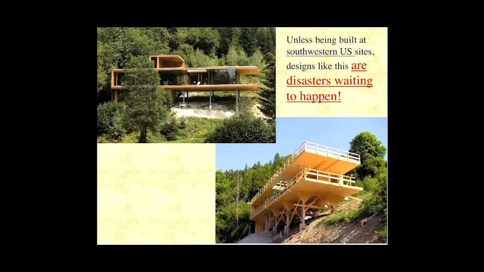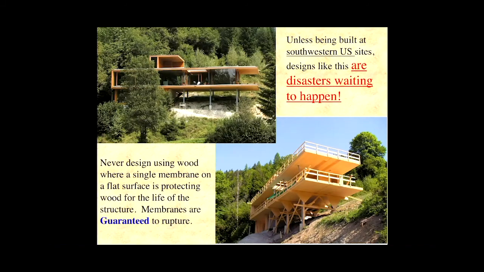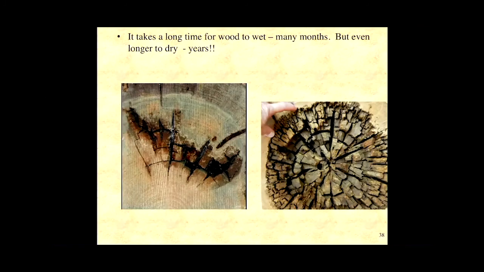All you have to do is get a 30-mile-an-hour wind, and easily you can get wind channeling rain upwards. So don't design using wood where a single membrane on a flat surface is protecting wood for the life of the structure. Membranes are guaranteed to rupture, and it's a disaster waiting to happen if you do it that way.